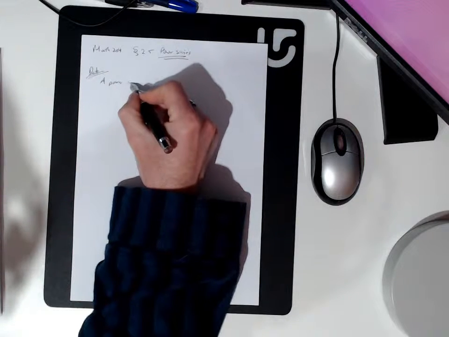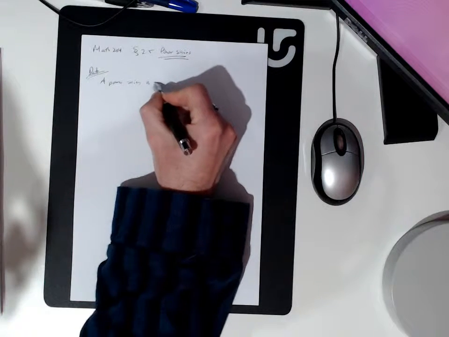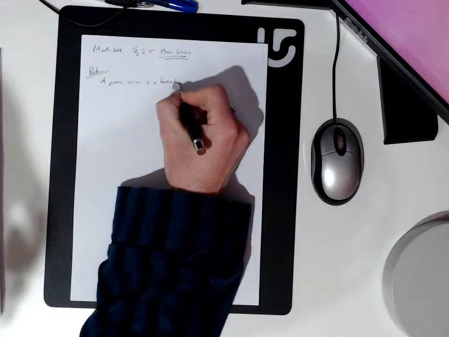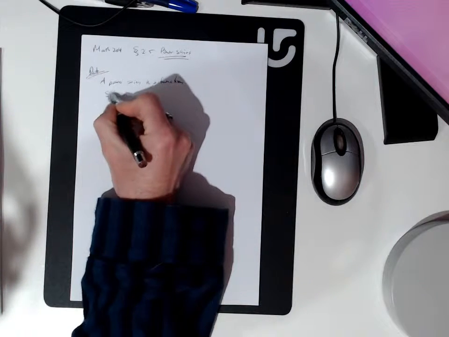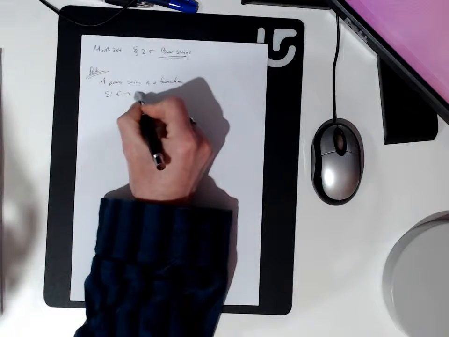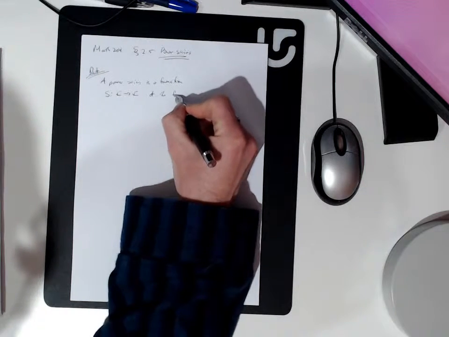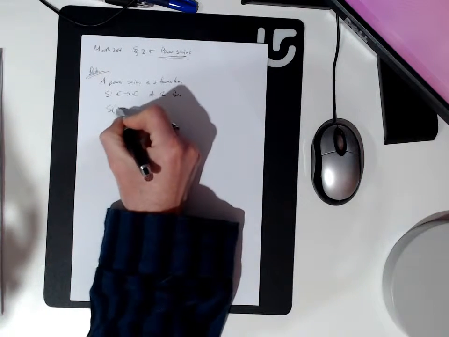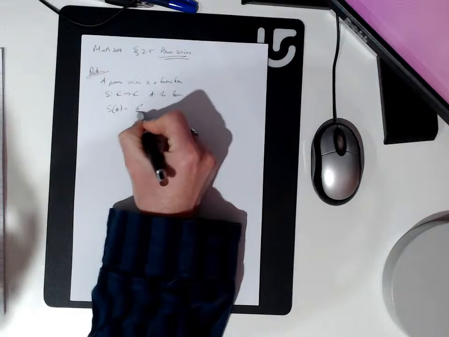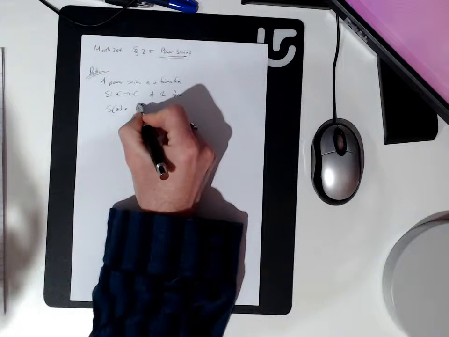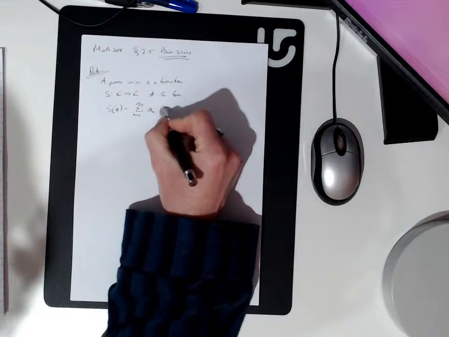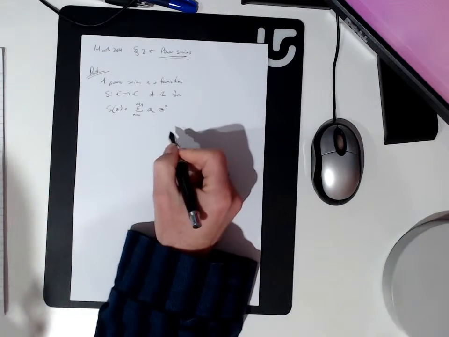So a power series is a function, which in this class we'll denote by S, of the form S of z is equal to the infinite sum from n equals 0 to infinity of a_n z to the power of n.